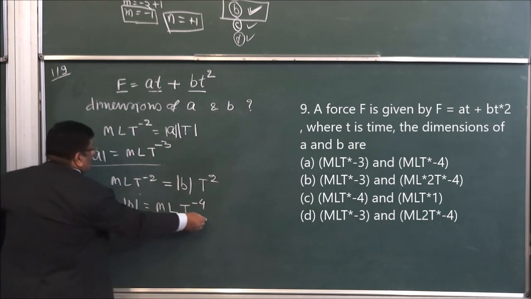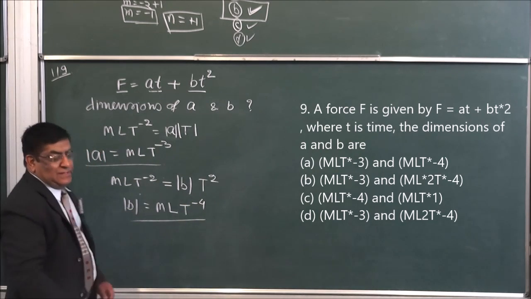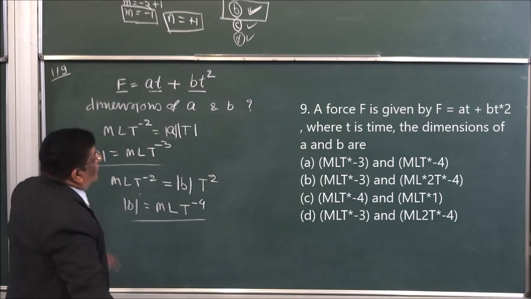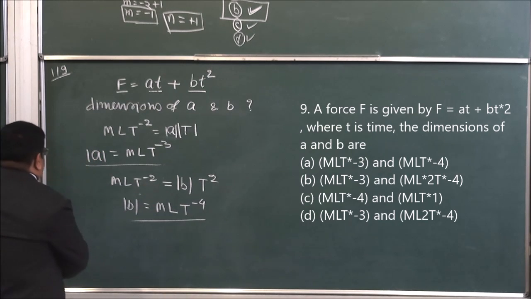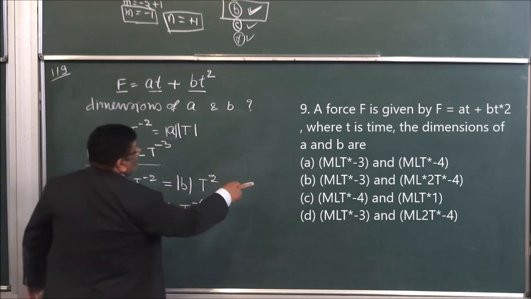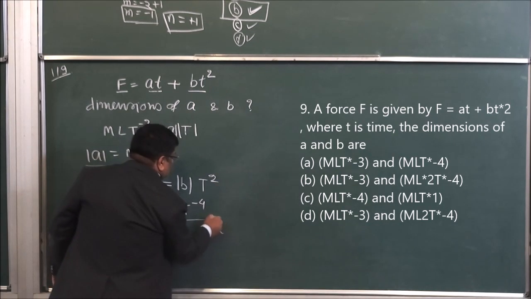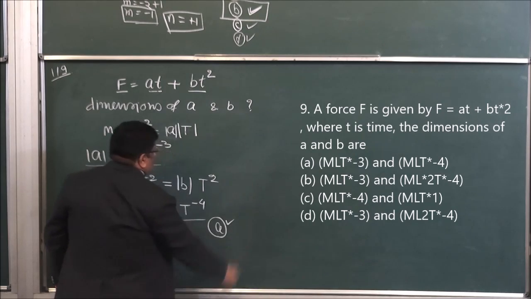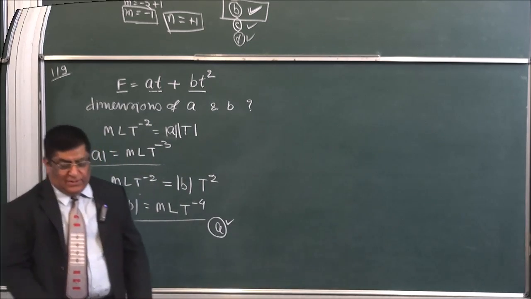So B has the dimensions M L T minus 4, and now you can check with the answers. It matches with the very first option, that is option A, the correct answer. And now we go to the next question.